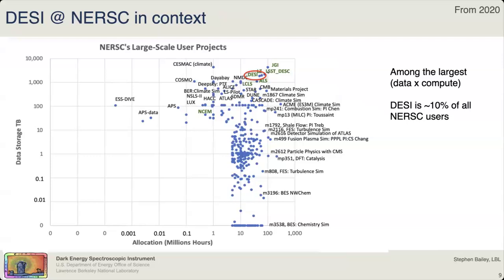And then curiously, we have hundreds of users at NERSC, so we're about 10% of the users. That's one of the things I really appreciate about being at NERSC: there's a help desk and account management support. And rather than me having to manage hundreds of users, it's great to have a site that supports us and supports those hundreds of users, most of which I don't even know.